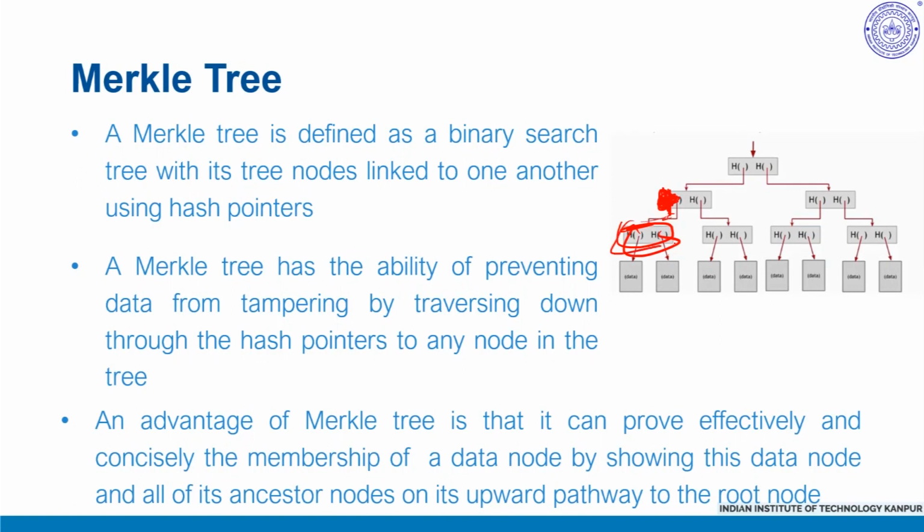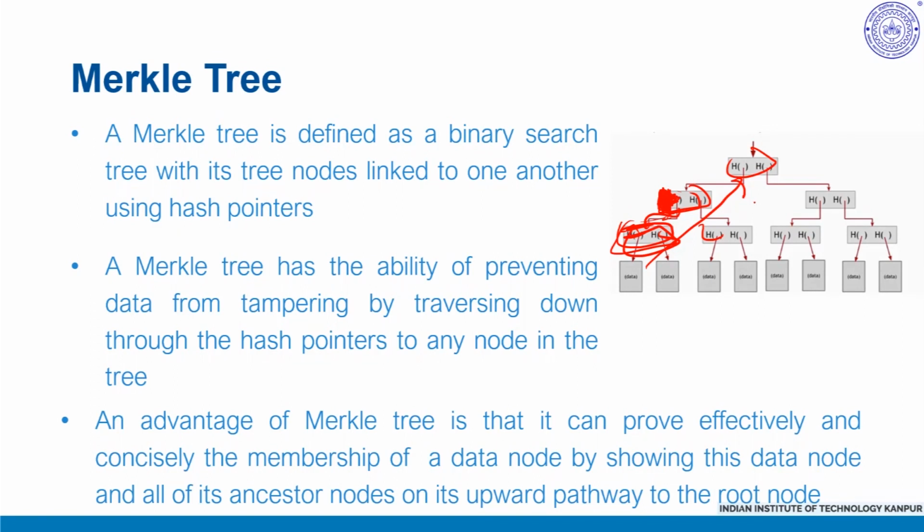Or if you change this node's information, then the hash pointer here, which is pointing to this node, should be changed. It will cause a change in the hash value of the parent node, even if it continues to tamper with the upper node. So even if you keep on tampering the upper and upper nodes, above and above, the malicious party needs to change all the nodes on the path up to the top.